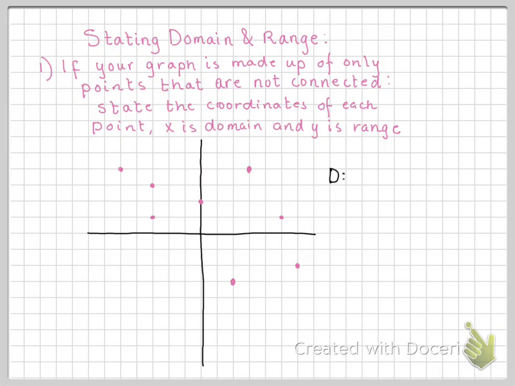The domain is all of the x values from left to right, which would put them in order from least to greatest. So starting right there, we are at negative 1, 2, 3, 4, 5. Then the next x value comes from those points right there that are at negative 3. And even though I've got 2 points that are at negative 3, I'm only naming negative 3 once. Remember, no repeats.